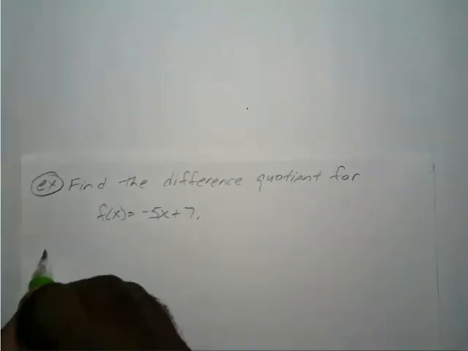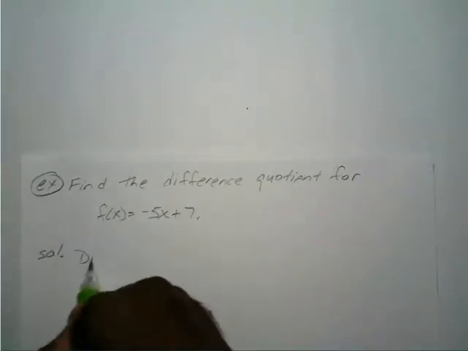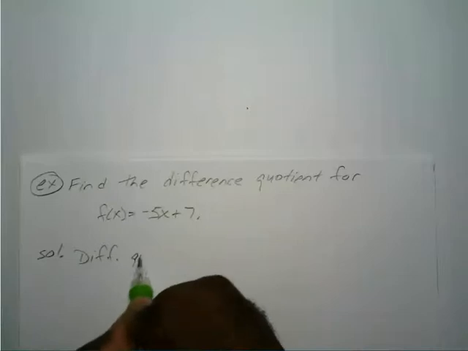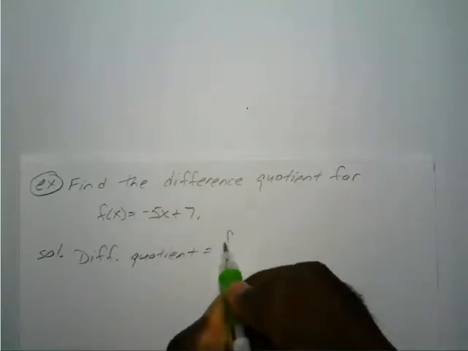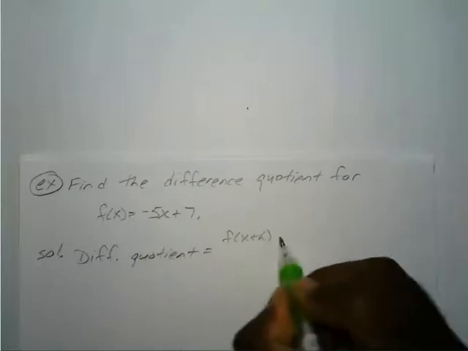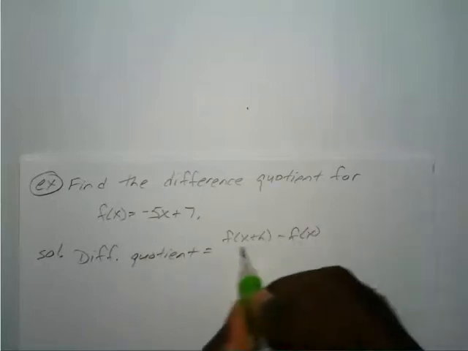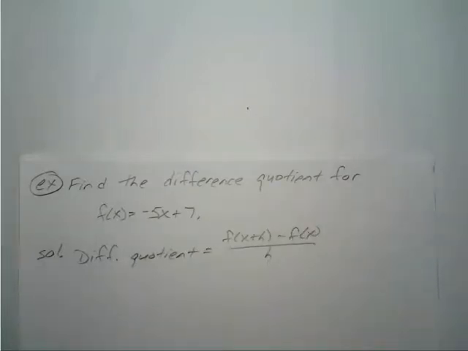So using our difference quotient formula, you have f of x plus h minus f of x all over h.